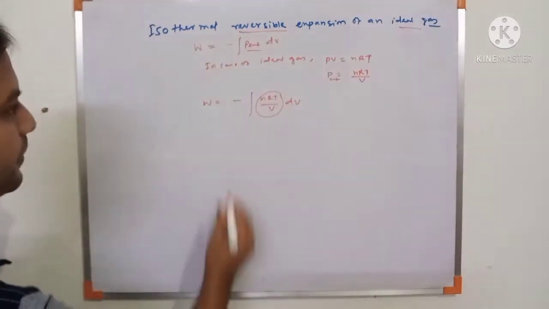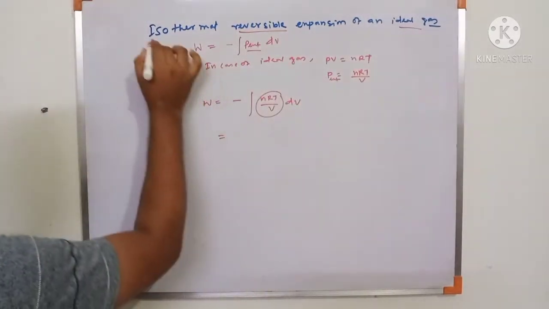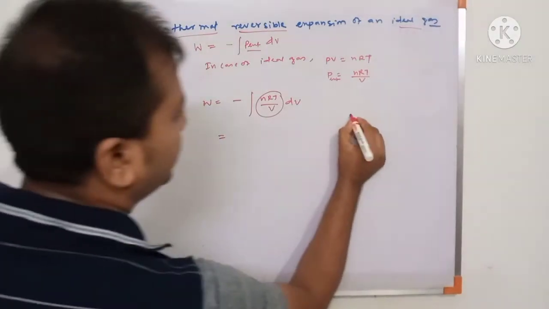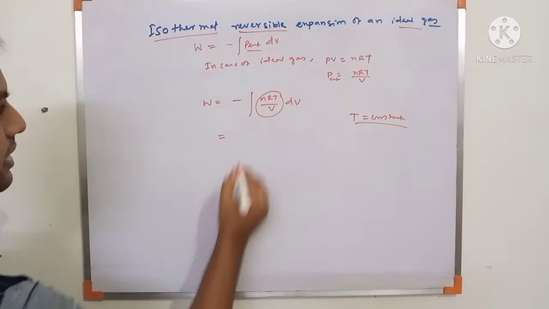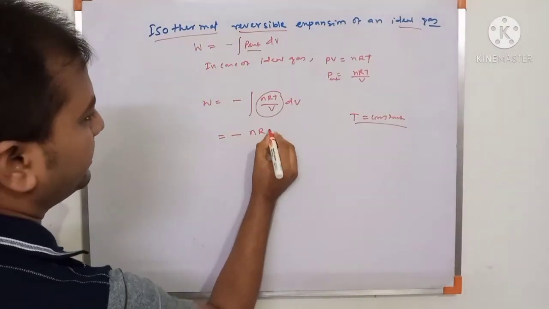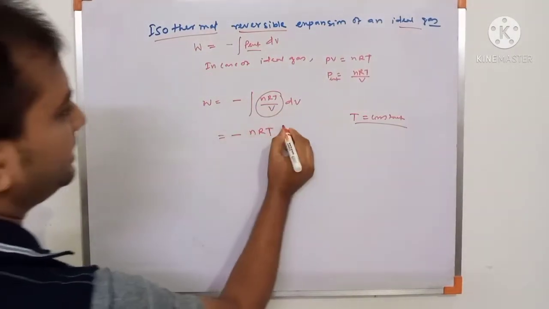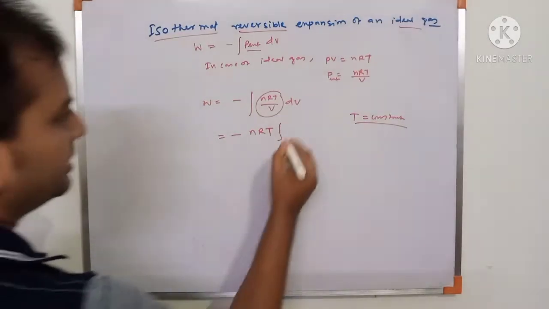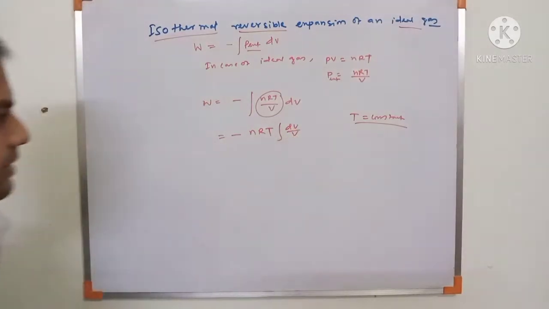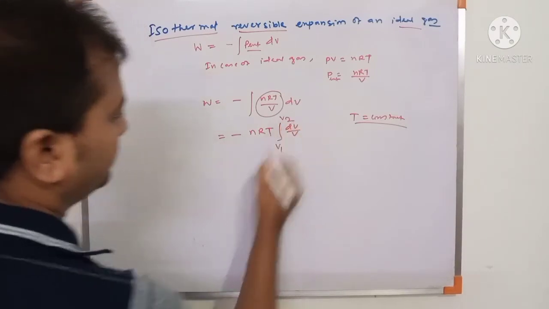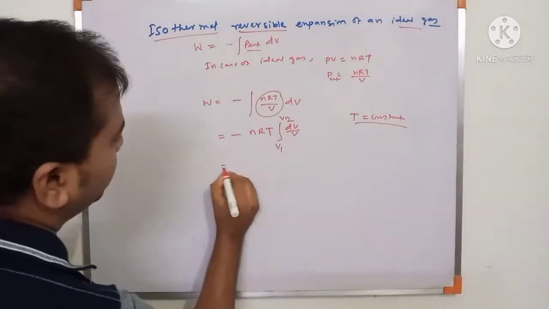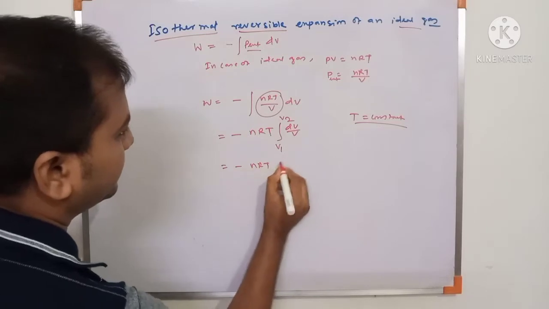Now the condition is isothermal, so temperature is constant. So nRT is constant and goes in front of the integration. So dV by V, with limit V1 to V2, equals minus nRT times integral of dV by V.